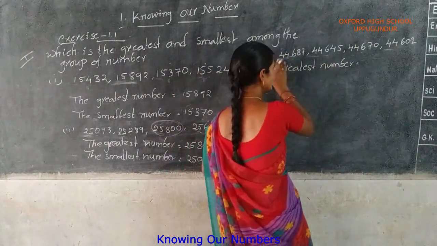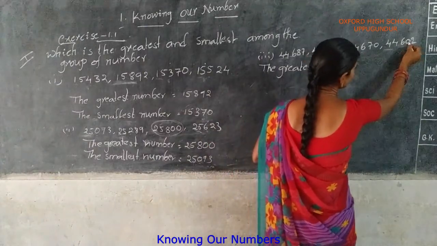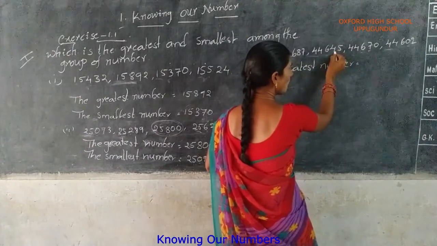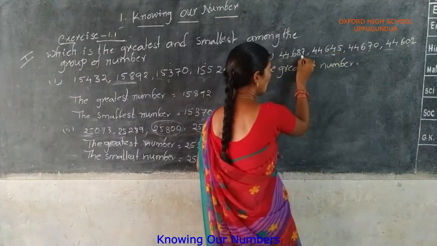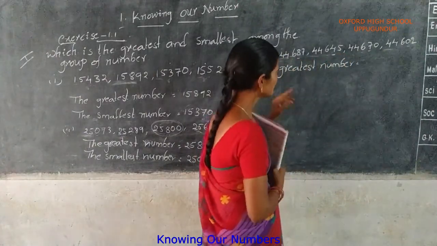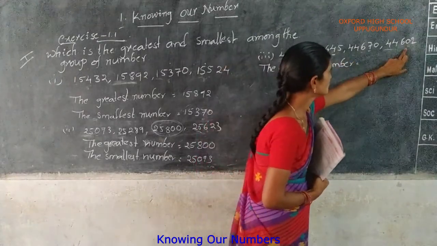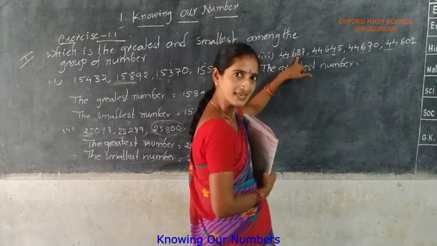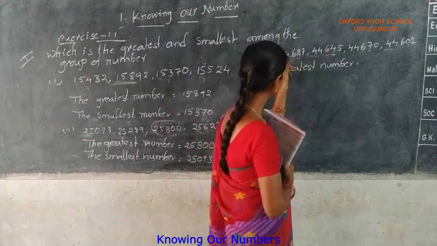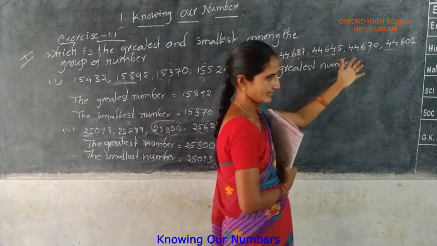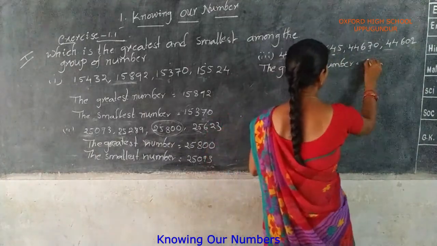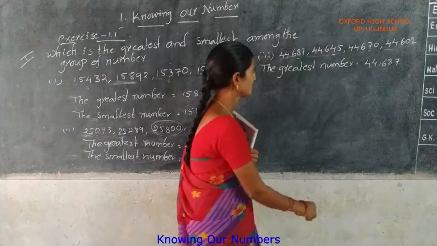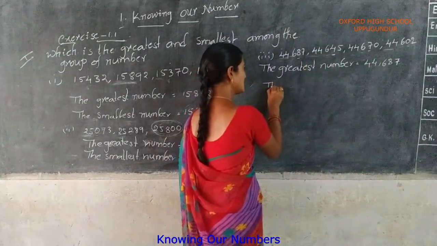Next, comparing with the tens place: 0, 7, 4, 8. Which is the greatest? 8 is the greatest. So the greatest number is 44,687.